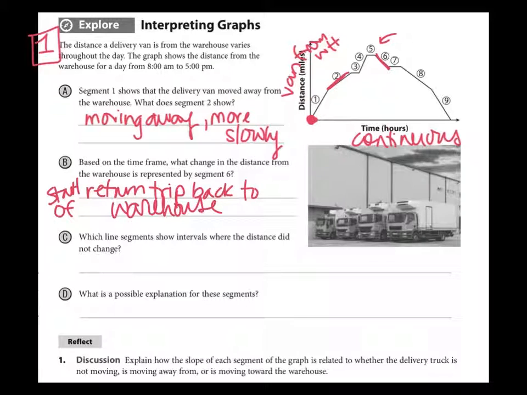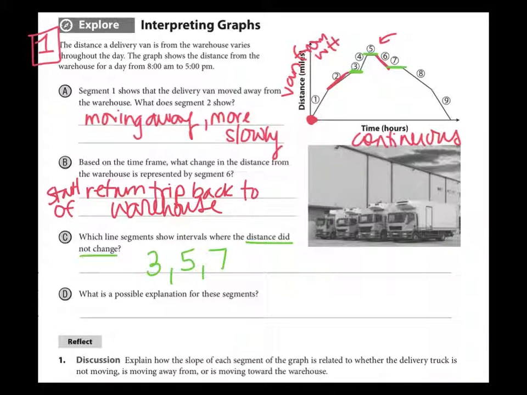Which line segments show where the distance did not change? Okay, so if the distance is not changing, the distance is remaining constant. So these constant intervals are the ones that are flat. All right, so in my notes I would write distance did not change for 3, 5, and 7.